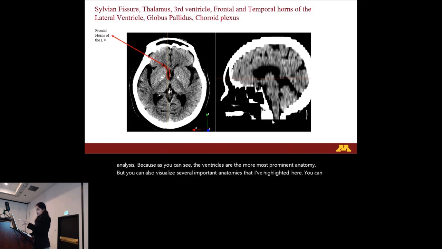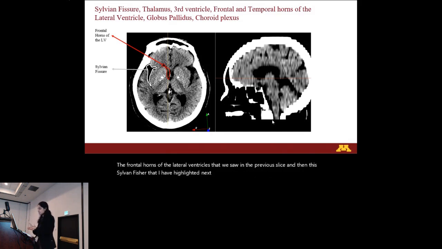You can see the frontal horns of the lateral ventricles that we saw in the previous slides. And then this Sylvian fissure that I've highlighted next is what separates your frontal lobe from the temporal lobe. And this is also another important landmark in the brain, as we saw with the central sulcus.